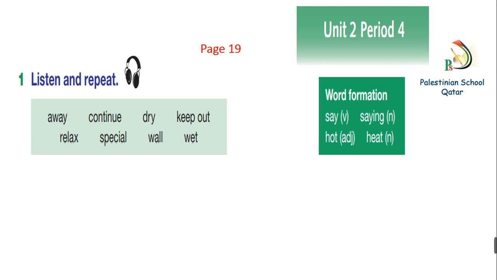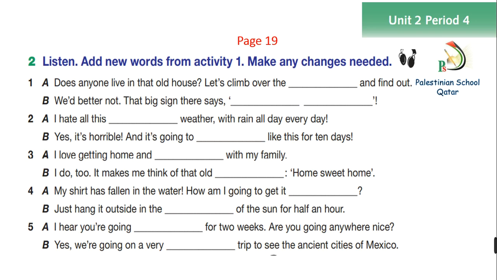And wet, this is the opposite of dry, the thing that's full of water. Word formation: we have say, this is a verb, and saying, noun. Hot, adjective, and heat is the noun. So we need to put these in the spaces in exercise number 2.